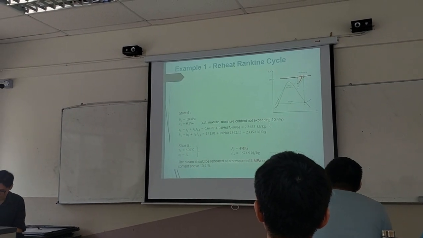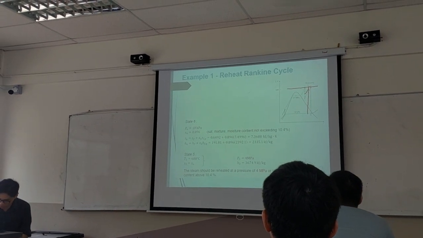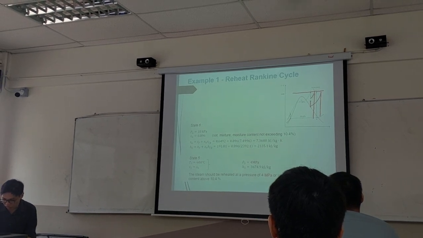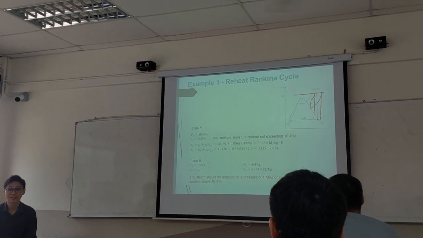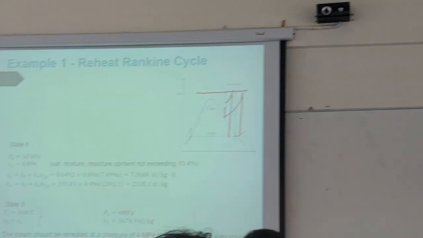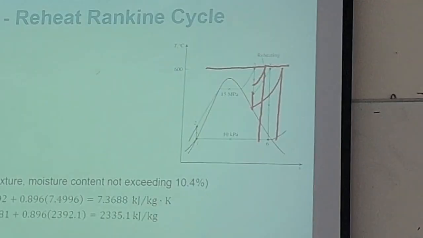So when it reaches the same temperature, then yes, you get more moisture content. If lower, then you have no issue because to reach the same temperature, it needs to go further to the right. So this is a rough idea. That's why this pressure is the maximum pressure because you are maintaining that same temperature level based on this question.